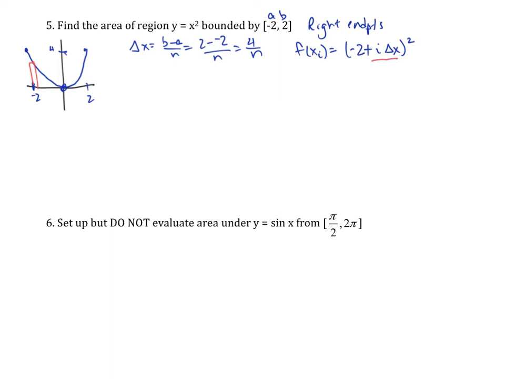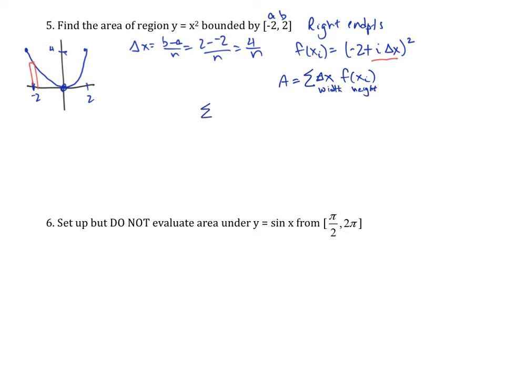So continuing on with this, the area will be the sum, and we know that it's going to be delta x times my f of x sub i, right? This is my width again, this is my height. I wrote it a little bit different this time, it's fine.